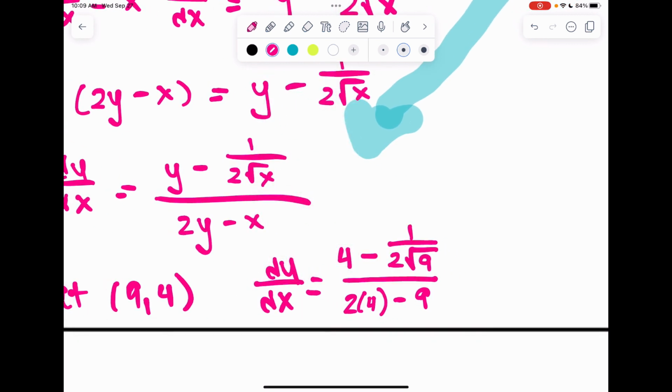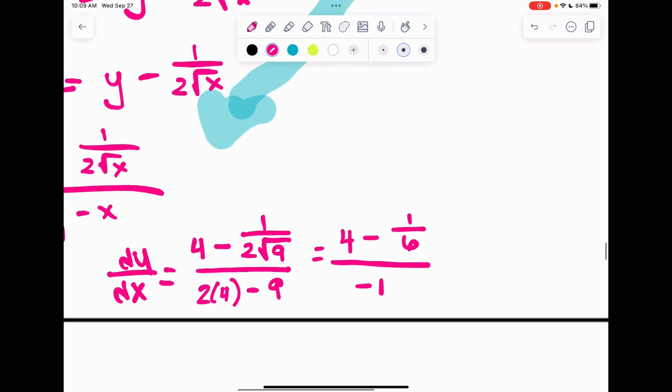Okay, let's simplify this. So this is 4 minus 1 over. That denominator is really a 6, right? Radical 9 is 3, so 2 times 3 is 6. This denominator is negative 1. If we get common denominators on the top, I'll just do that off to the side here.